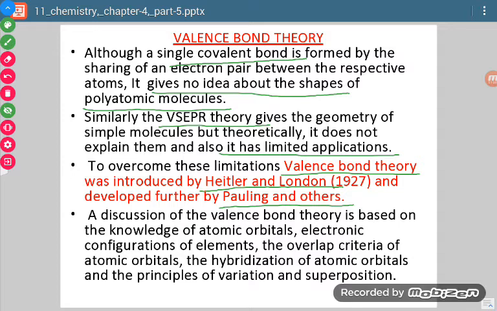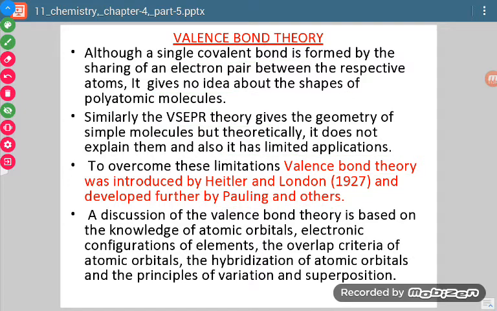So what is this theory? This theory is based on the knowledge of atomic orbitals, electronic configurations of elements, overlap criteria of atomic orbitals, hybridization of atomic orbitals, and the principles of variation and superposition.